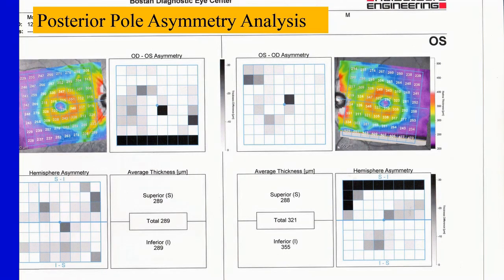This is another example of asymmetry. Here we have asymmetry between right and left eye, right to left, and here left to right. In the lower part, you are comparing superior to inferior and inferior to superior. So simply, if you look here, we have a problem in the superior compared to the inferior.